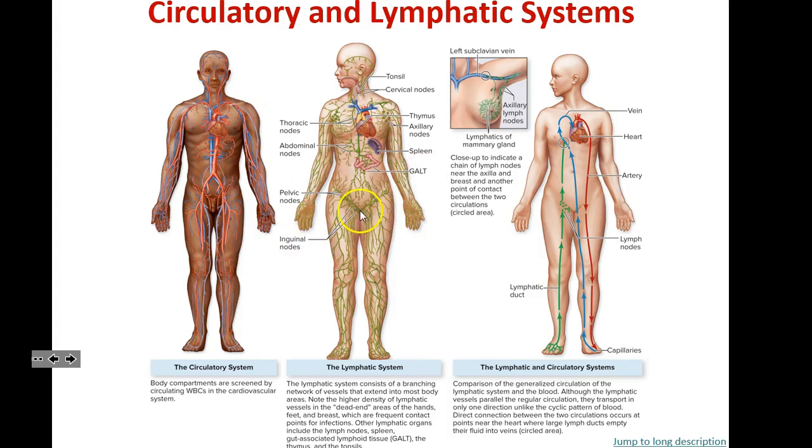Where are these inguinal lymph nodes? Right in here. Then you have pelvic nodes. You have abdominal nodes and thoracic nodes. What is the lymph node called that's right here at the base of your neck? Which one is that?